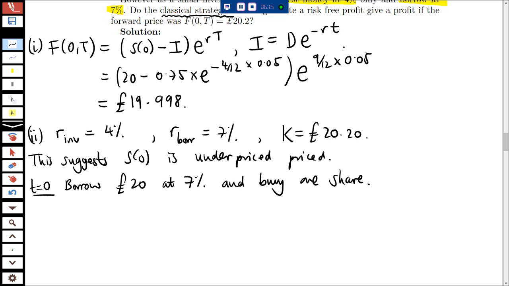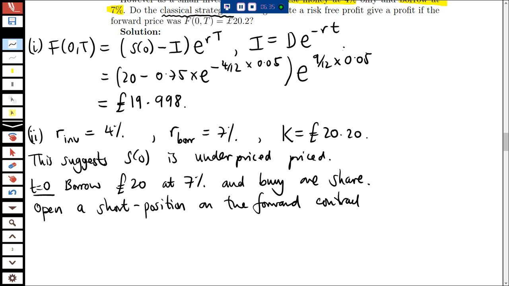Now we want to avoid the market volatility, so we want to do the opposite with the forward. So we're going to open a short position on the forward contract, which has a strike price of £20 and 20p.